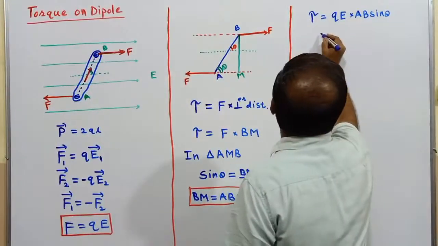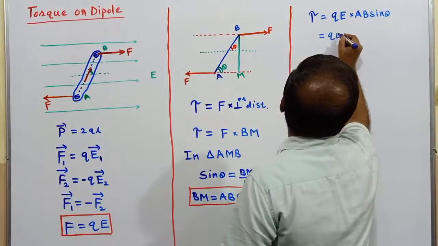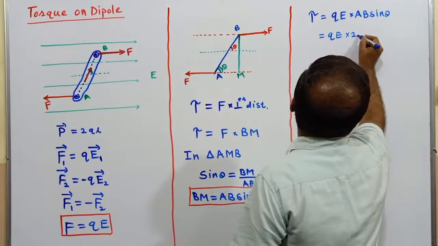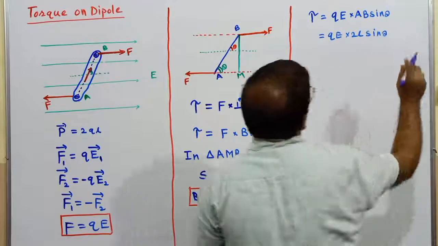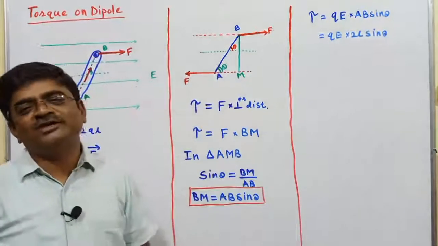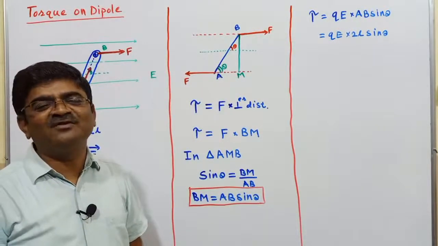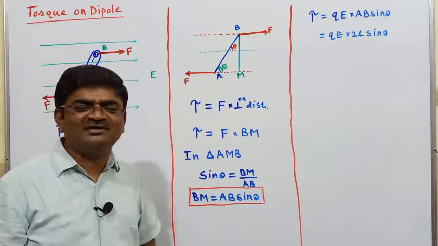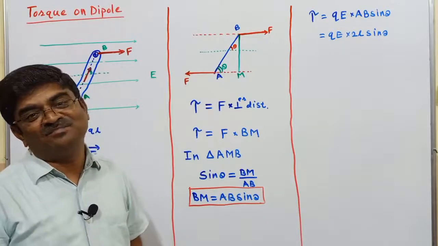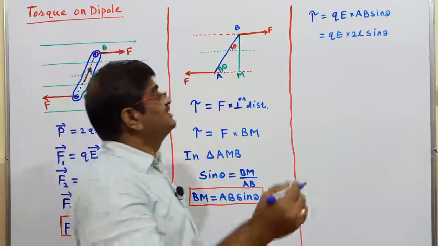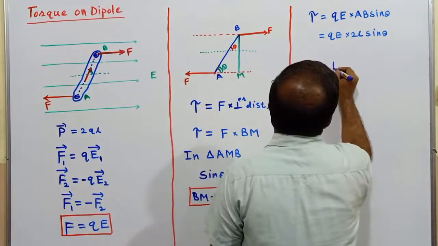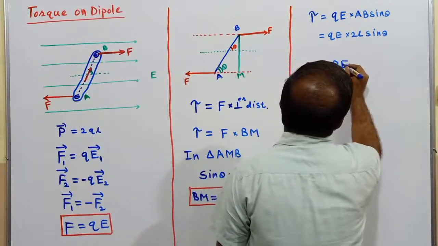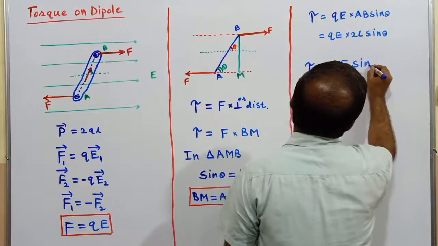I'll substitute AB also: QE into 2L sin theta. And as soon as I do that, I get tempted. Whenever I see 2QL, I get tempted to write P, the dipole moment. And so here I have the expression for torque as PE sin theta.